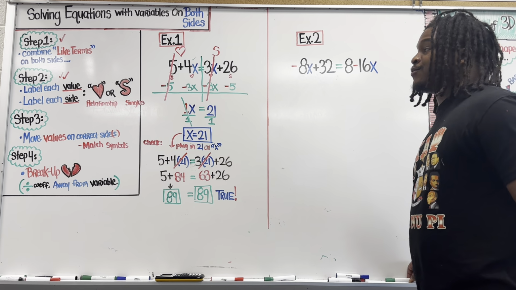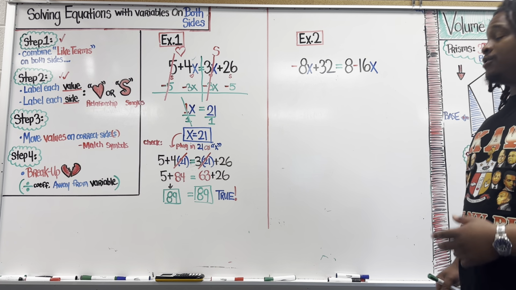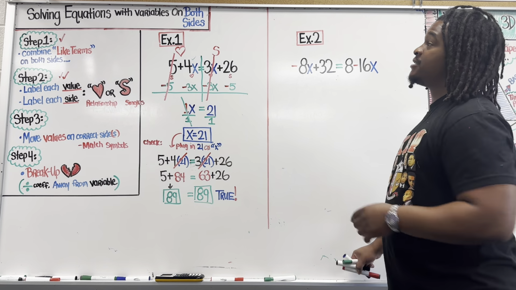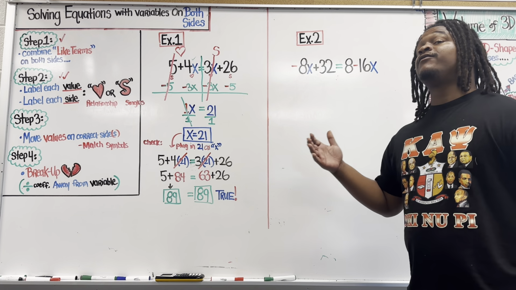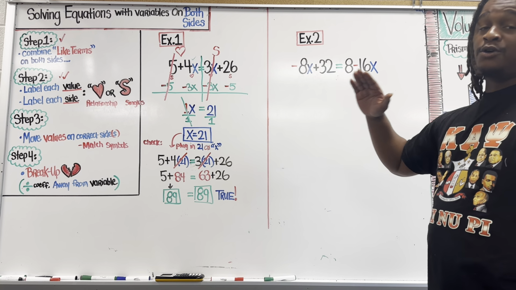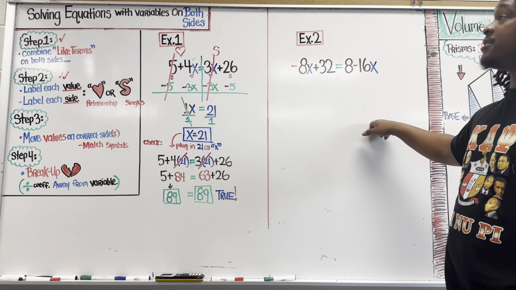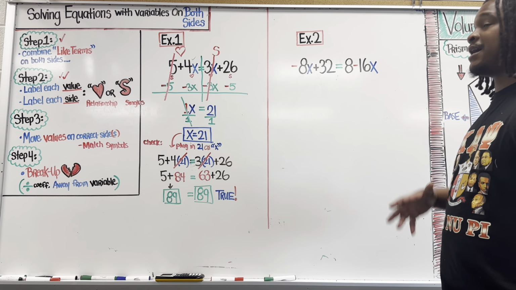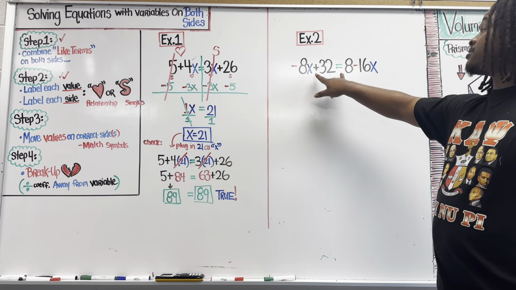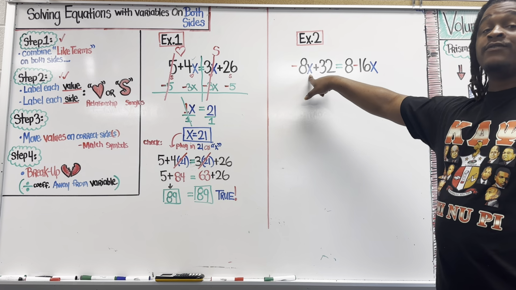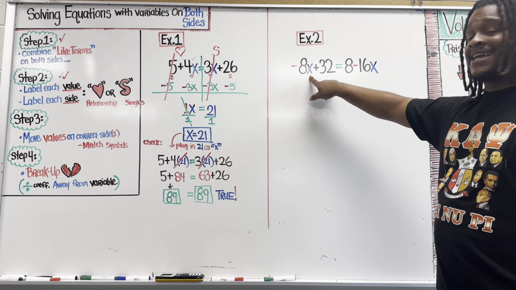Today I want to go over example 2 of how to solve equations that have variables on both sides. Variables are the unknown values, which are the x's on both sides. Basically, we're trying to solve for the unknown value, the variable x.